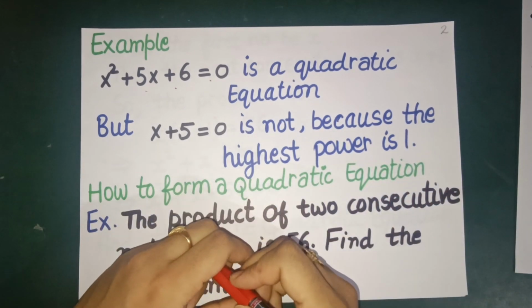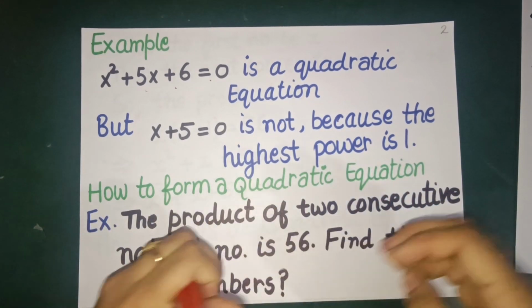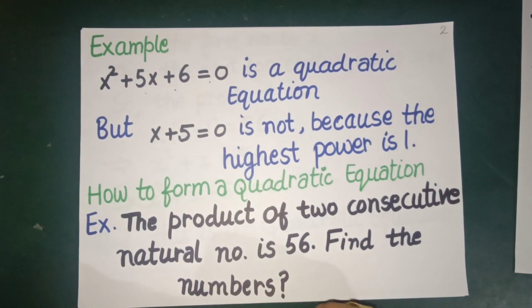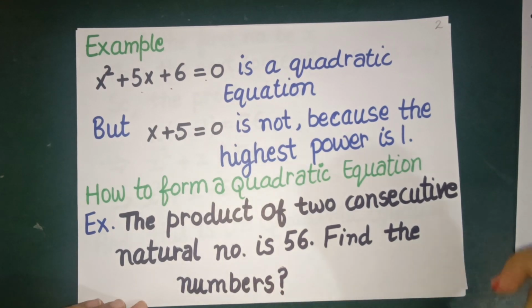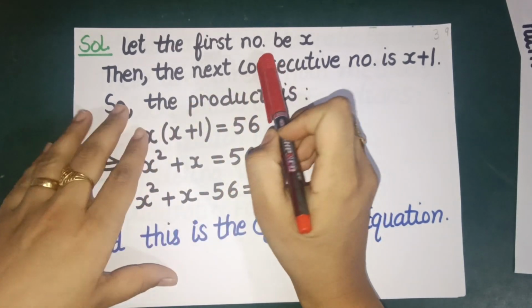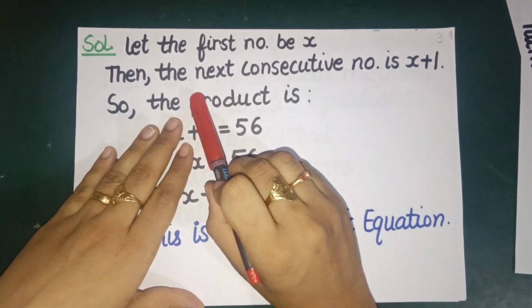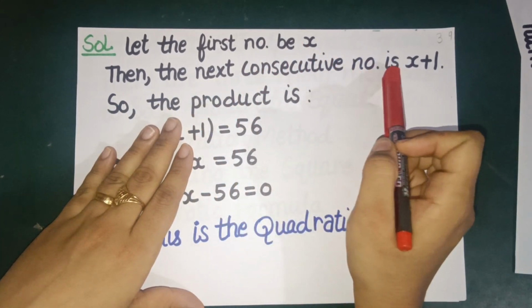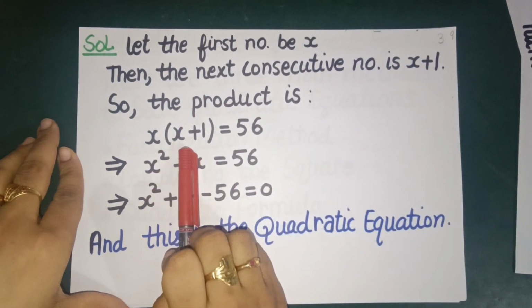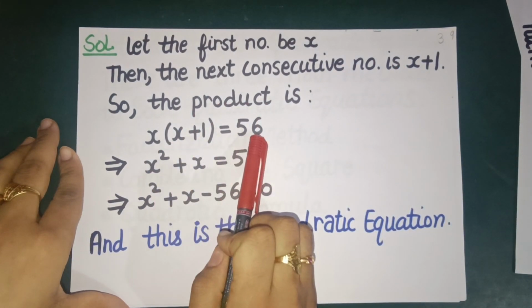Now let's learn how to form a quadratic equation. Let's take an example. The product of two consecutive natural numbers is 56. Find the numbers. Let the first number be x. Then the next consecutive number is x plus 1. So the product x into x plus 1 equals 56.